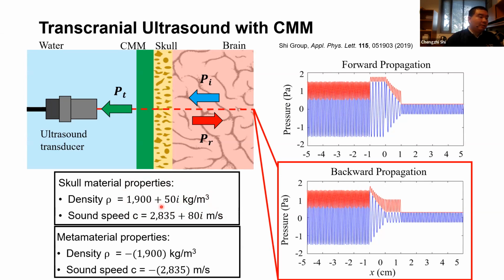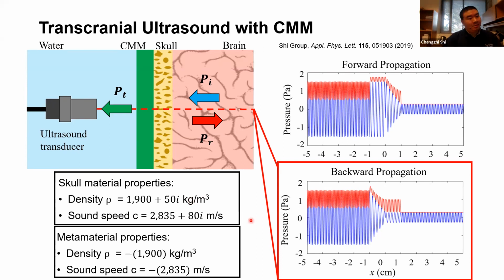The skull has a loss because the cranial bone is porous, and a porous medium is lossy for acoustic waves. It's like the sound-absorbing sponge that you put into your speakers to absorb the sound around it, right? So that's the same thing for the skull.